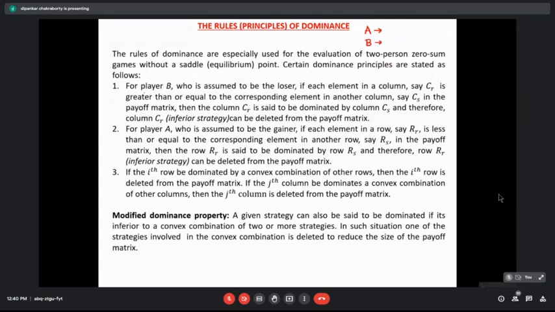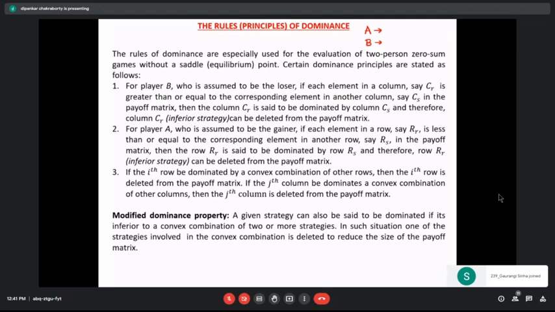For player B, who is assumed to be the loser, if each element in a column, say CR, is greater than or equal to the corresponding element in any other column, say CS, in the payoff matrix, then the column CR is said to be dominated by CS, and therefore the CR column can be deleted.